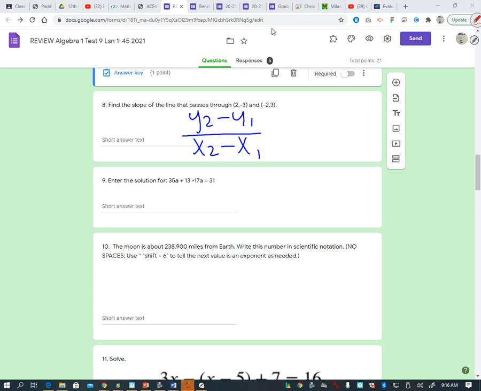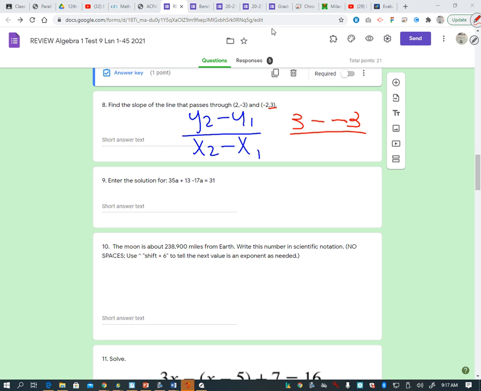What is y2? y2 is 3. -3, right? Now, those of you that, if you're not doing anything else, what should you be doing a lot of right now? Writing things down. Bailey, are you writing anything down? Okay, good. All right, so we've got 3 minus -3.